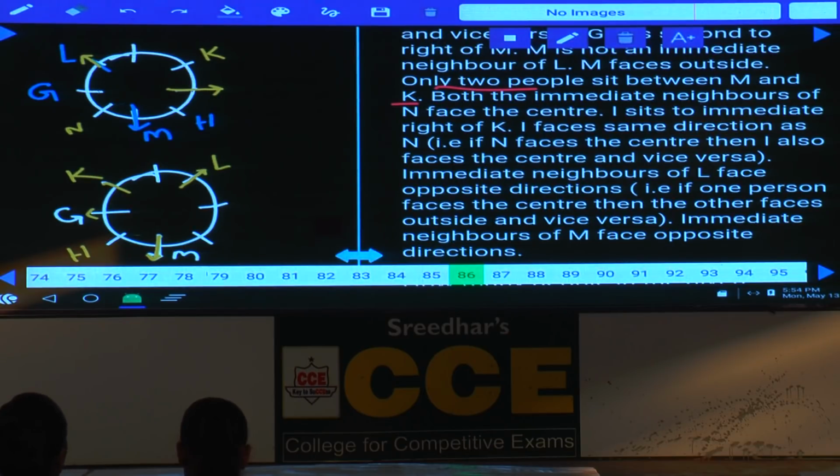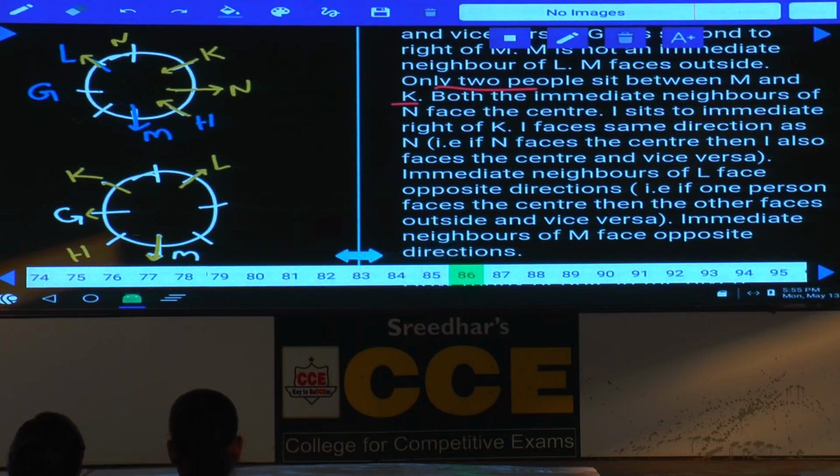If N is here, immediate neighbors of N facing the center is not possible, because M is not facing the center. Now N cannot be here as well, because if N is here, L is away from the center. Hence, what is the only possibility? N here. If N is here, both the immediate neighbors of N facing the center, K and H must be facing towards the center. Are you following this one or not?